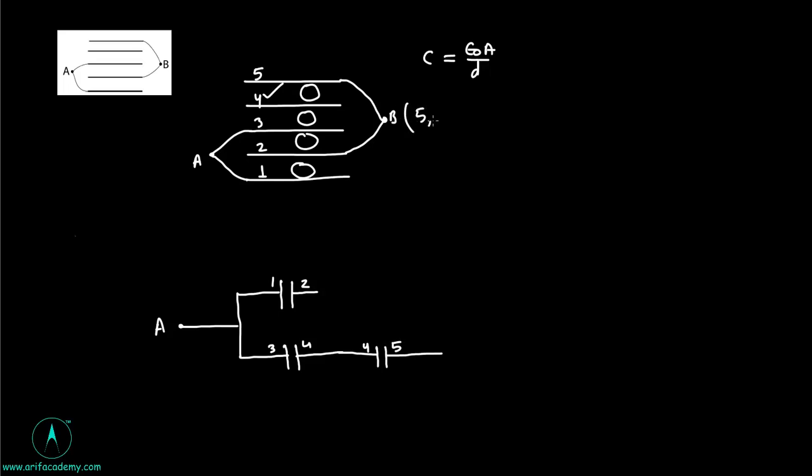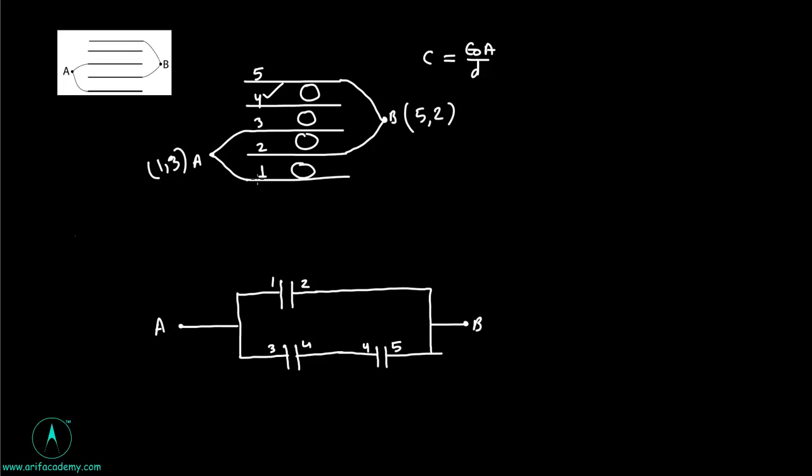So 5 and 2 are connected here, and A is connected to 1 and 3. Now 2 is connected to B, so I can write it like this. So this is point B. Now we have 3 capacitors arranged here, but there are 4 capacitors.